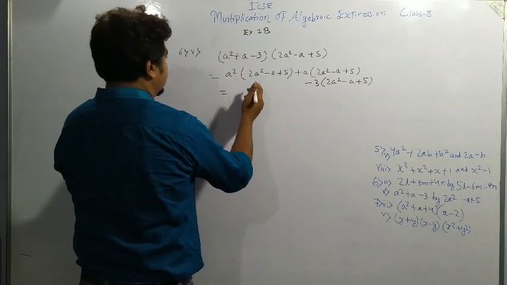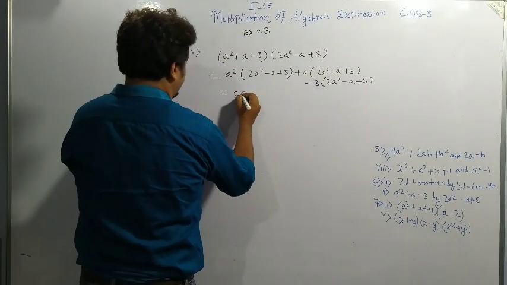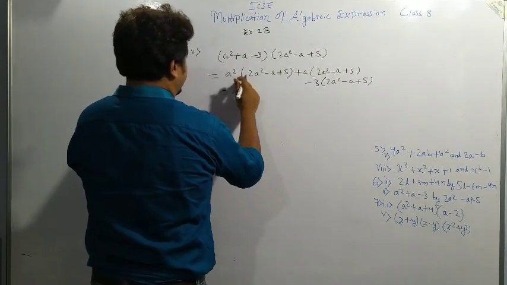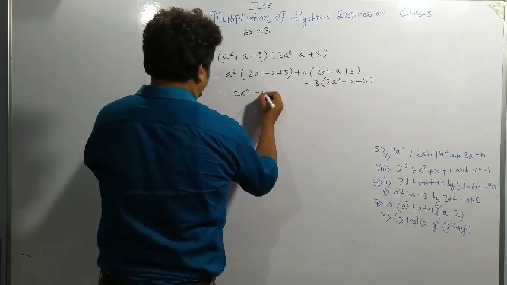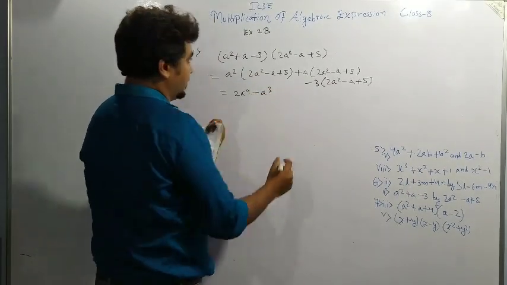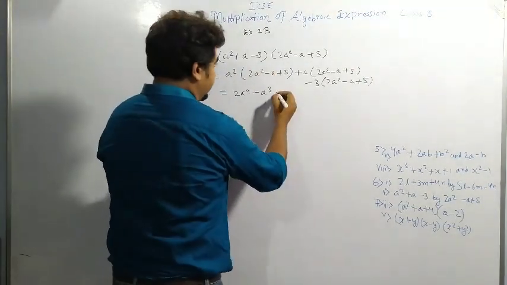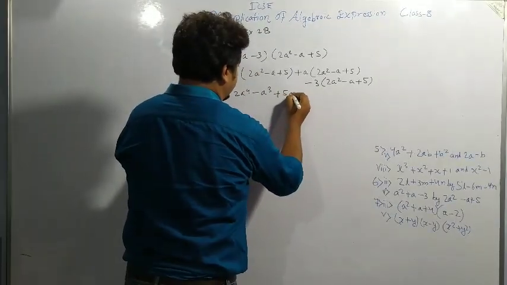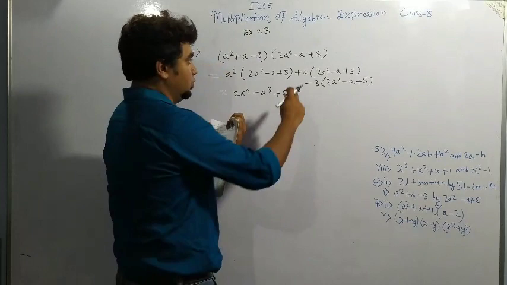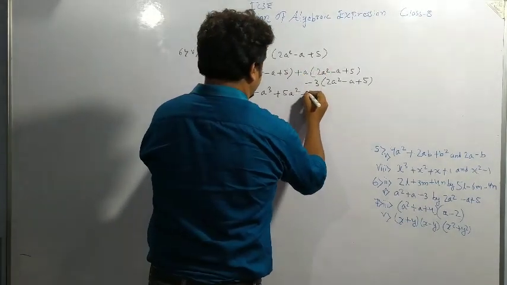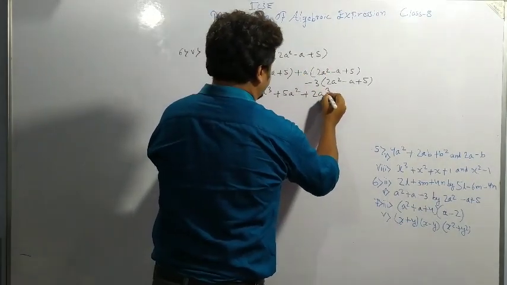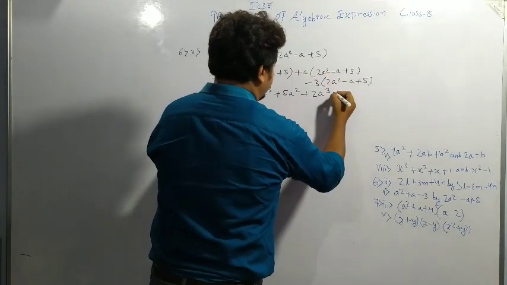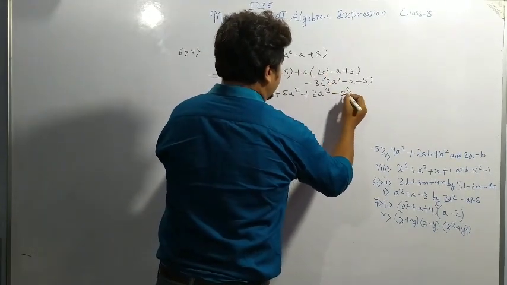A square into a square will become 2a4. A square into minus a becomes minus a cube. And a square into 5 will become 5a square. 2a into 2a square will become 2a cube. A into minus a will become minus a square.